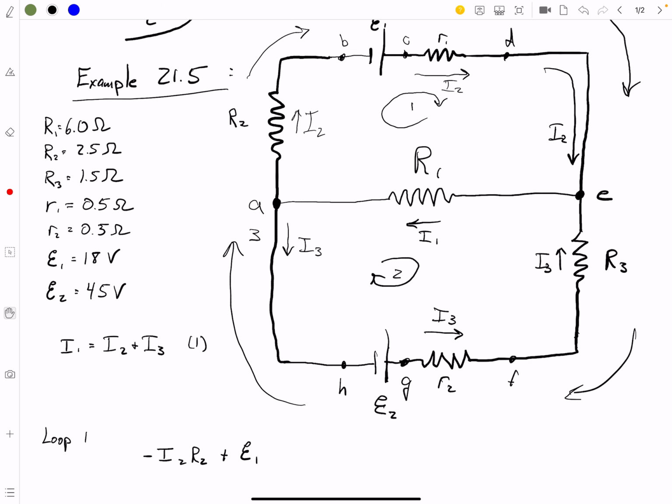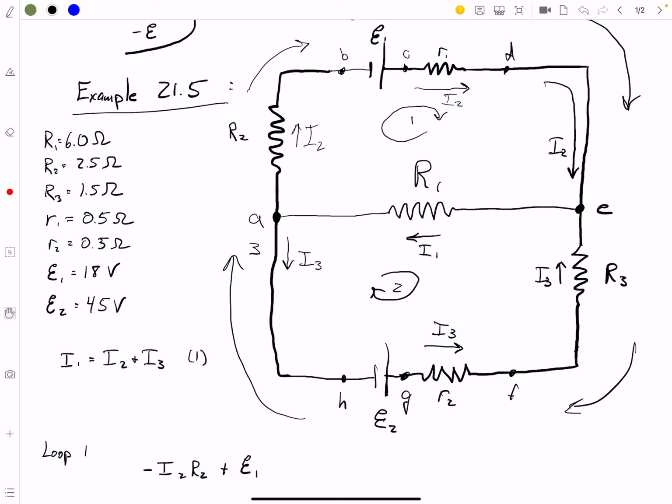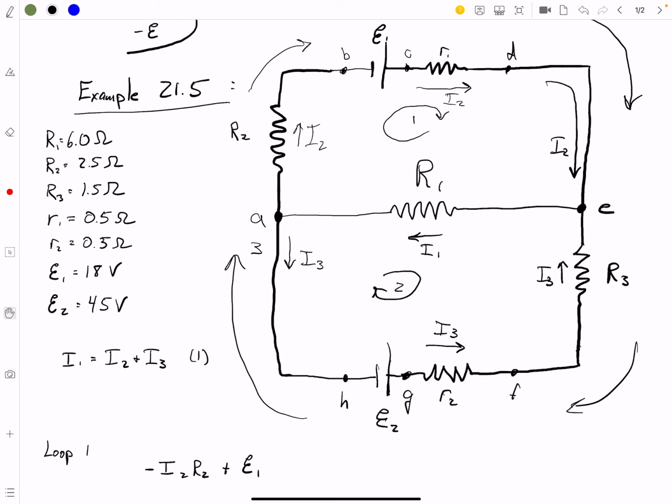Okay, let's do it so we can kind of see both things at the same time. So we've got EMF 1, we're increasing our voltage. We're going from a negative up to a positive. So we've increased our voltage. We drop across R2. So that's why we've got a negative sign in front of I2 R2.